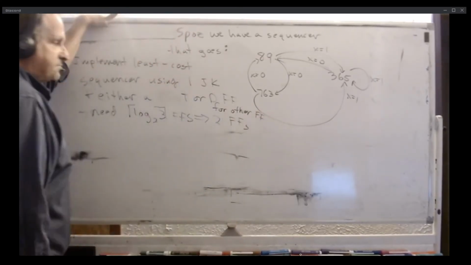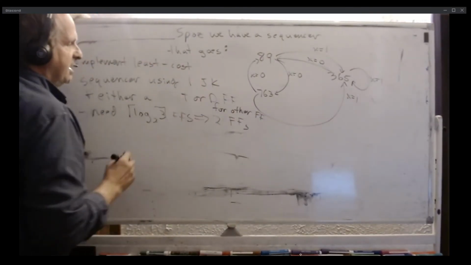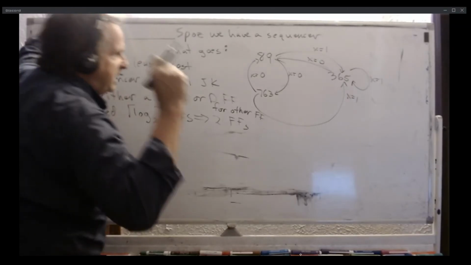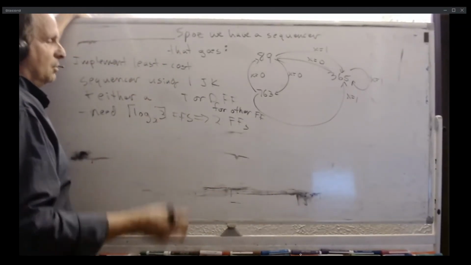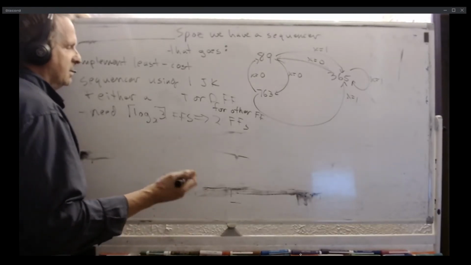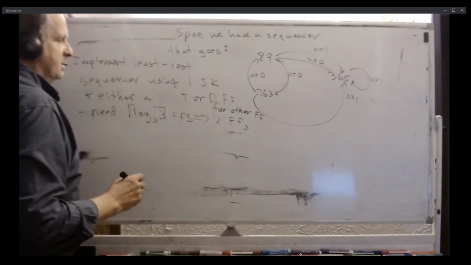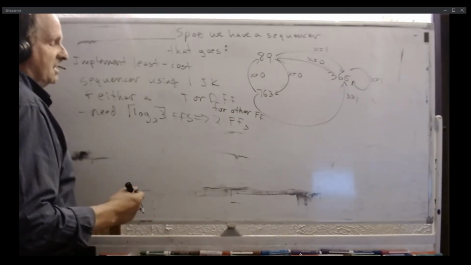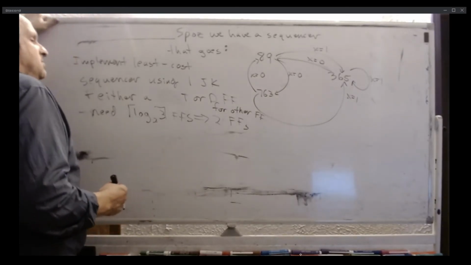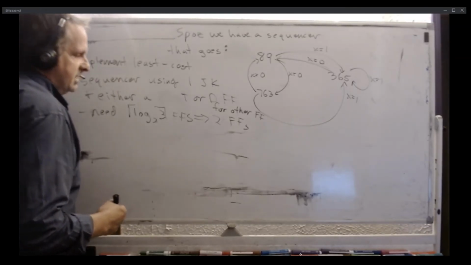We can use 1 and only 1 JK if we choose to do that. The other one's got to be a T or a D. We could choose to implement it out of 2 T's, or we could choose to implement it out of 2 D's.